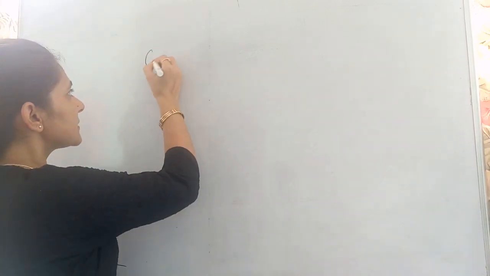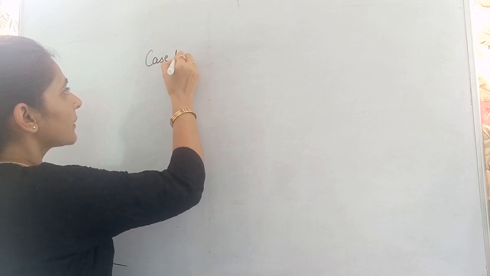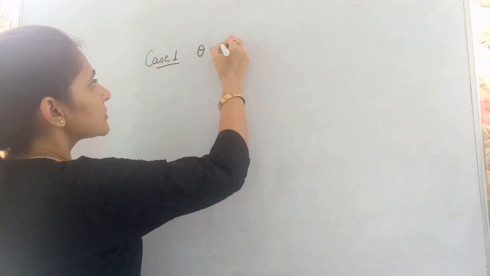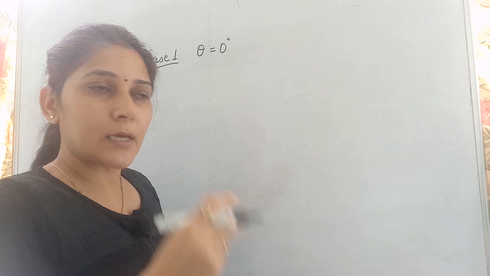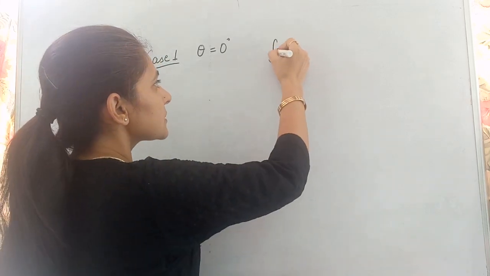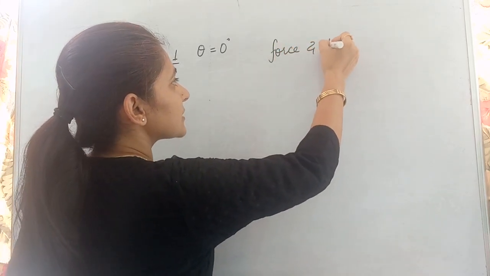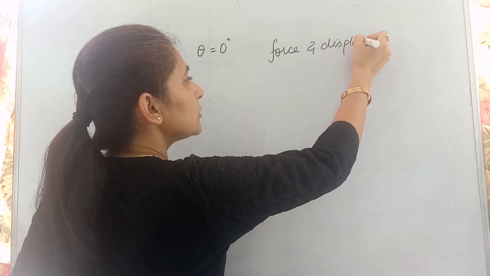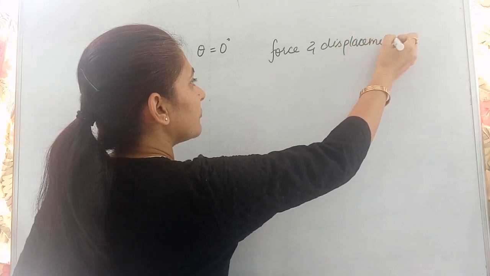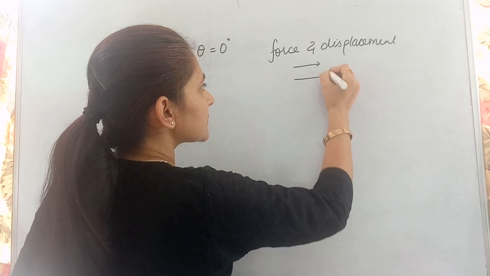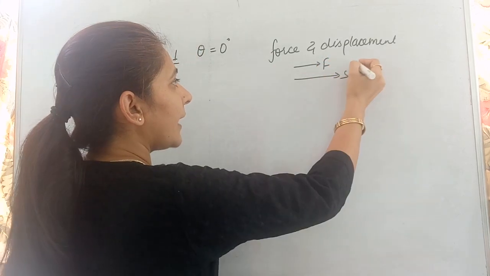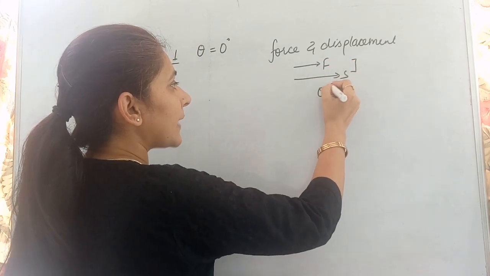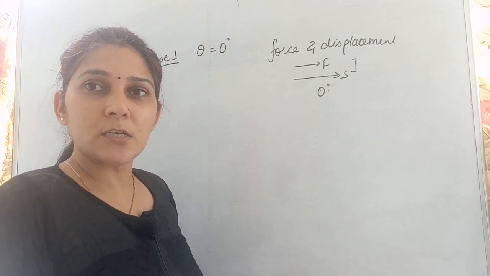Case 1: when theta is equal to 0 degrees. When theta is 0 degrees, that means the force and displacement are both in the same direction, and the angle between these two is 0 degrees. That is the condition we are discussing now.